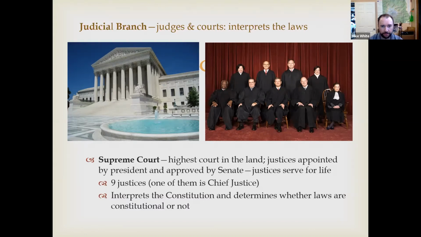Okay? So there are 9 justices. One of them is considered to be Chief Justice, or the head of the Supreme Court. And again, they interpret the Constitution and determine whether laws are constitutional or not. In other words, do they follow the guidelines set by the Constitution, or do they violate them?